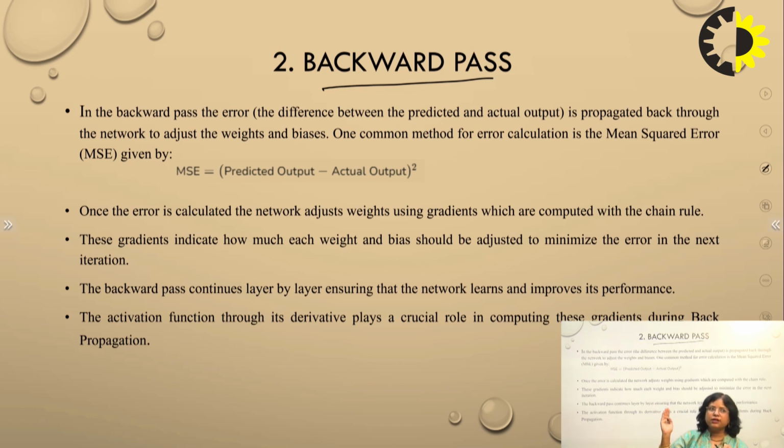This continues layer by layer, ensuring that the network learns and improves its performance. First, we update the weights of the layer just previous to the output layer. After that, we update the weights of the layer before that.